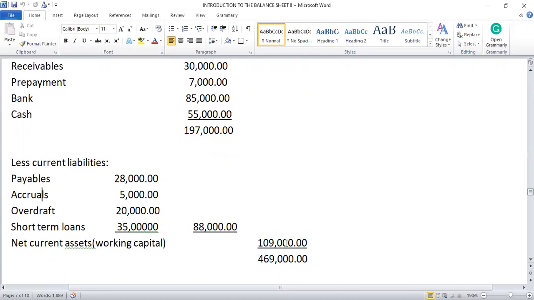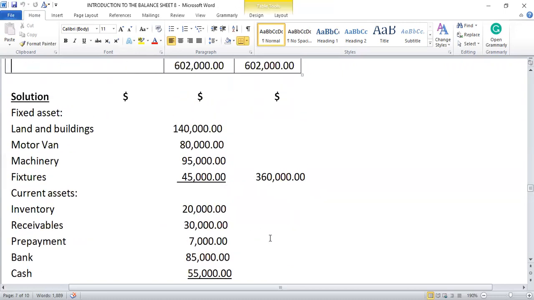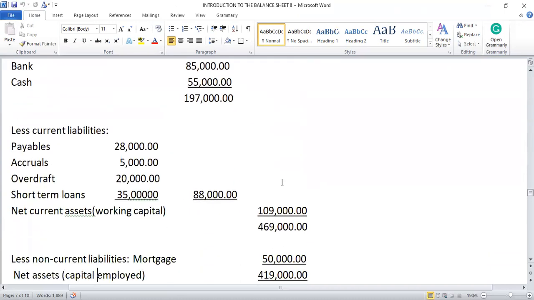Then we add it to our total fixed assets, $360,000. So we arrive at $469,000. Then we deduct our mortgage, which is $50,000. So this is our mortgage.